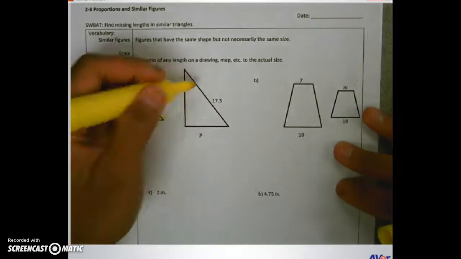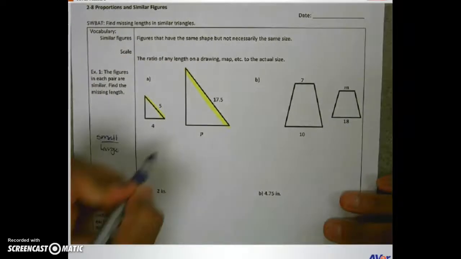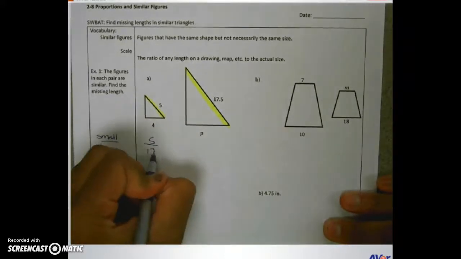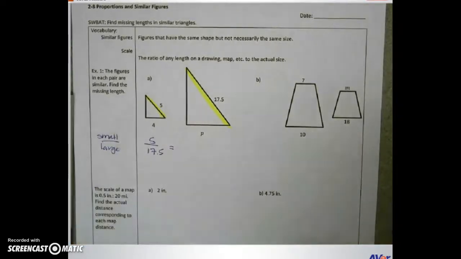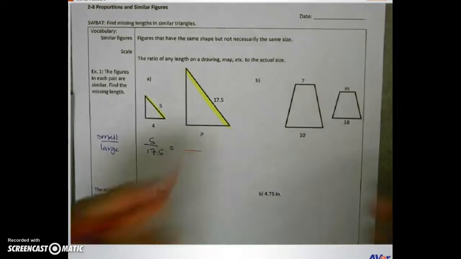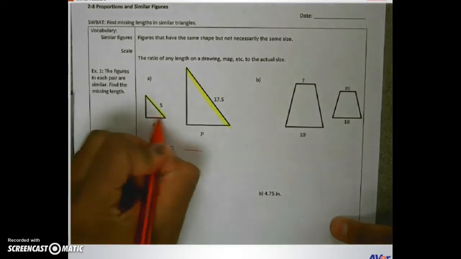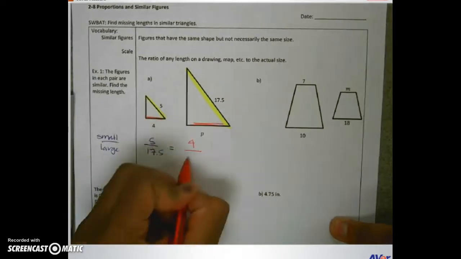That one isn't in the same spot as this length. So I'm going to put that 5, the small, over the large, 17.5, equals, and for my proportion, I'm going to put this 4, because that's the small, over this P, because that's the large.